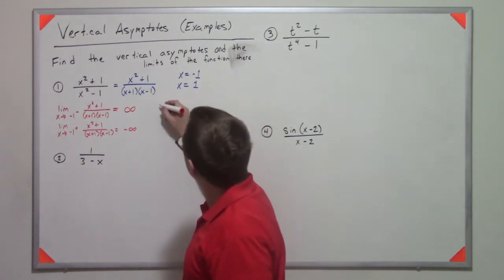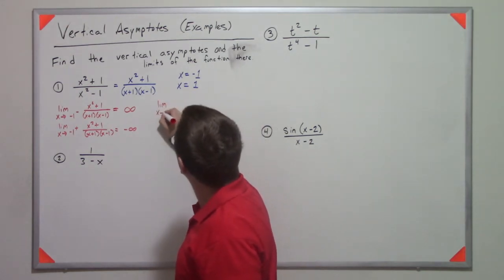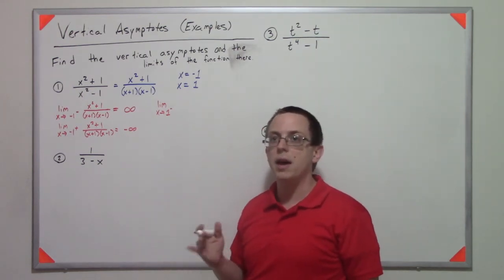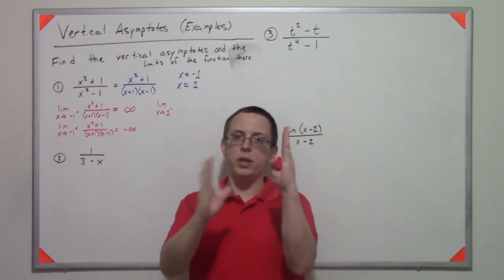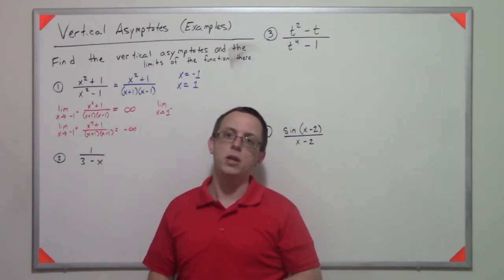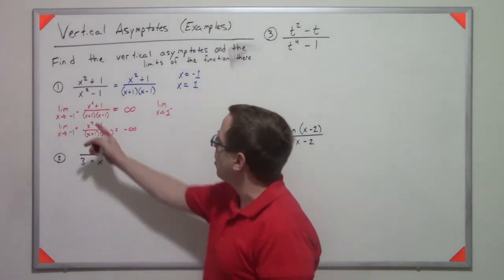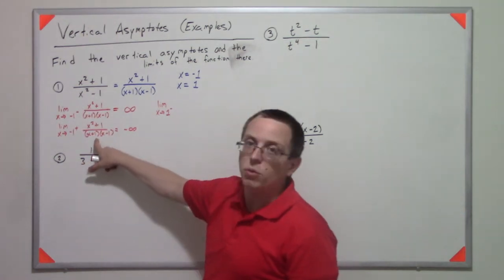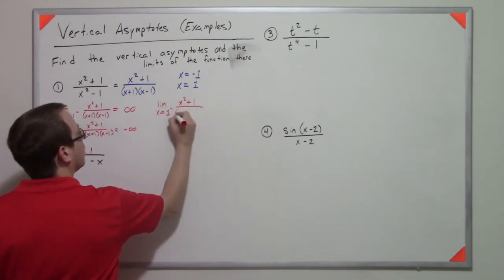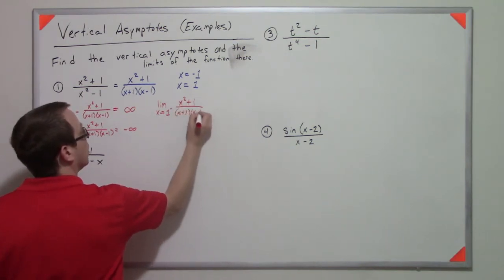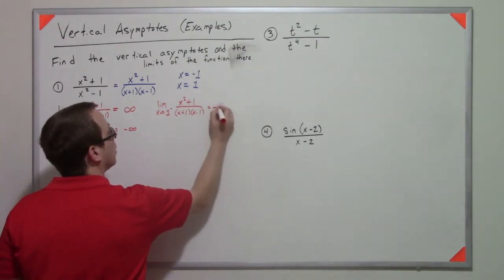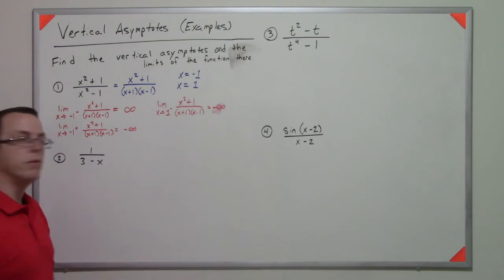Over here, if I have positive 1 from the left, again 1 is here, and now we're coming from the left, so let's use that 0 again. If we know that it's 0, we can kind of cheat and reuse this one. We know that's negative infinity.